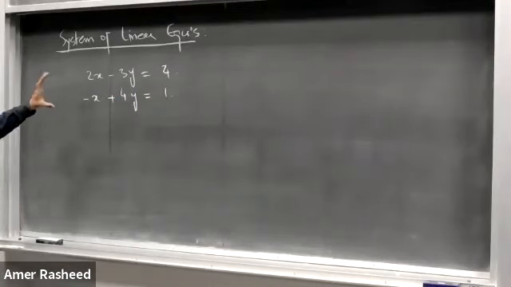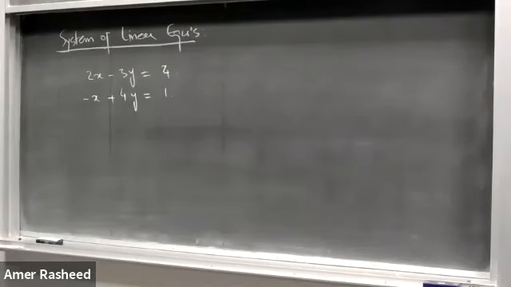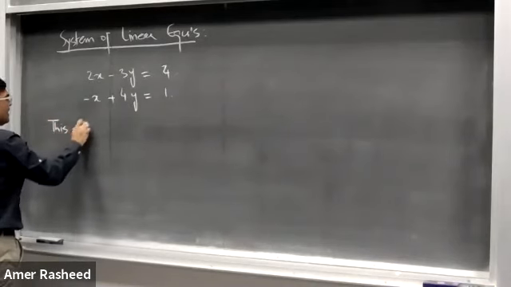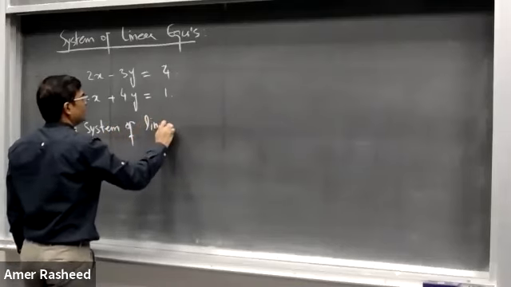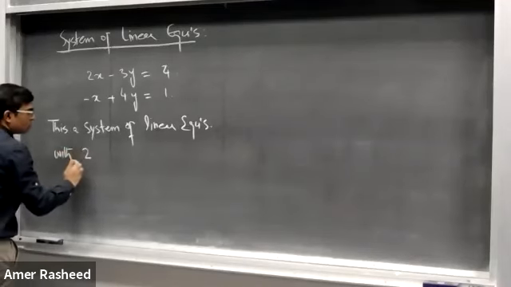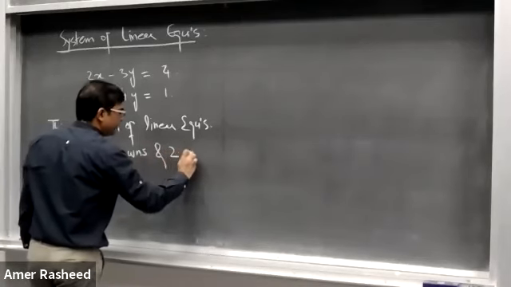So now we have two linear equations which form a system of linear equations, with two unknowns and two equations.